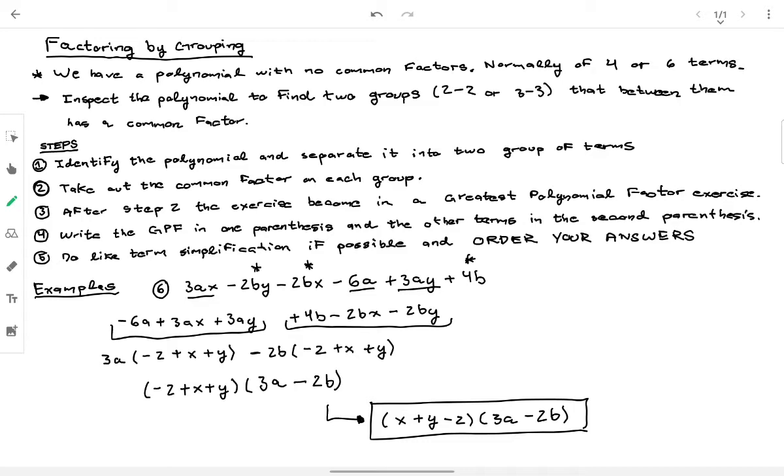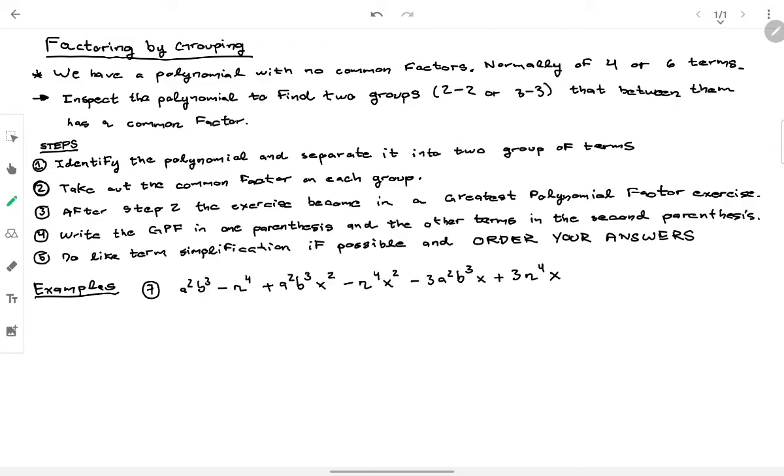Let's do one last example. So let's see, in this last exercise, it's going to be something similar, 6 terms. We need to separate them into groups that have common factors. In this case, we can see that some terms have a squared b cubed, so I will take out those.